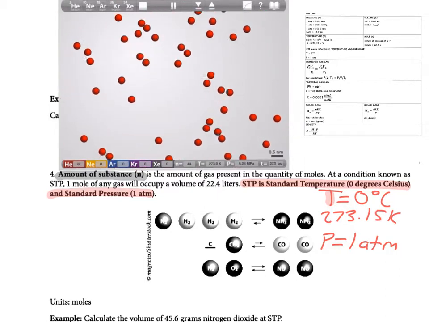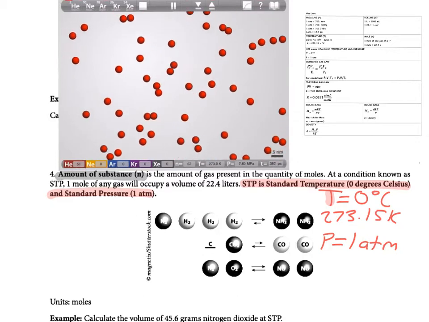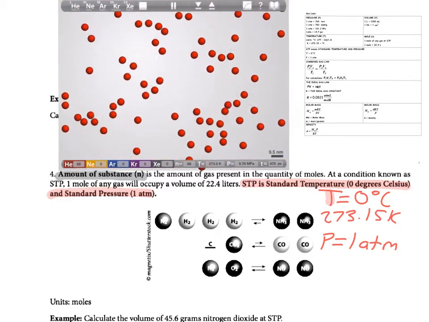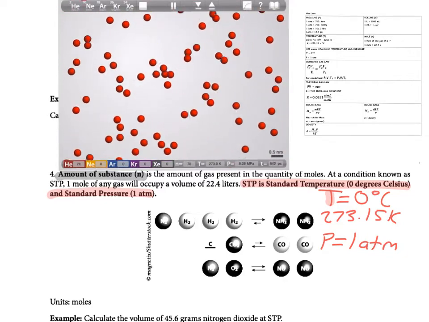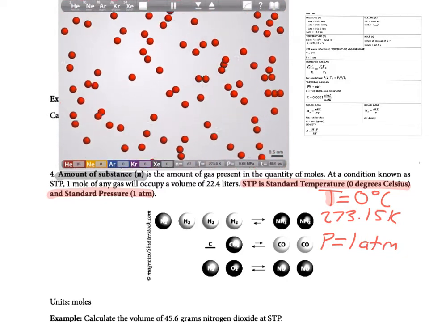And of course, moles is the amount of atoms or molecules of the gas that you have in the container that you're studying. So if you add more molecules of the gas, you have more moles.